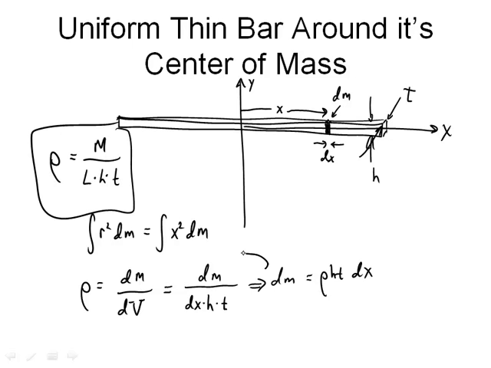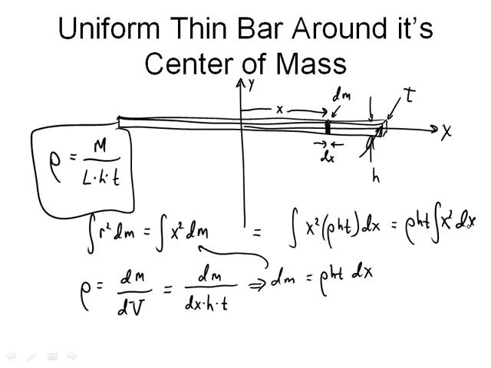So when I substitute that into my integration, this becomes the integral of x squared rho ht dx. But rho, h, and t all come out, so it's rho ht x squared dx. And I'm integrating from over here, which is minus L over 2, to over here, which is L over 2.